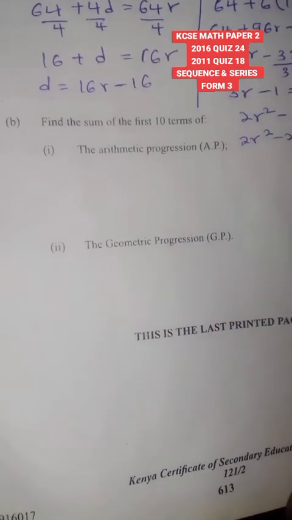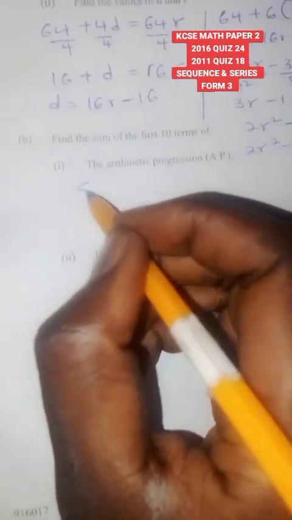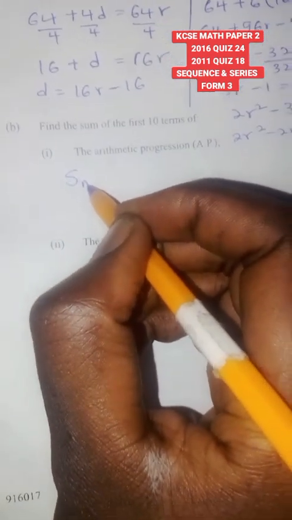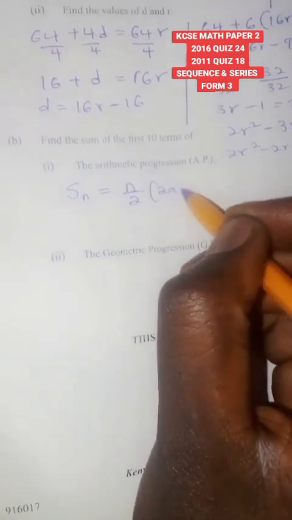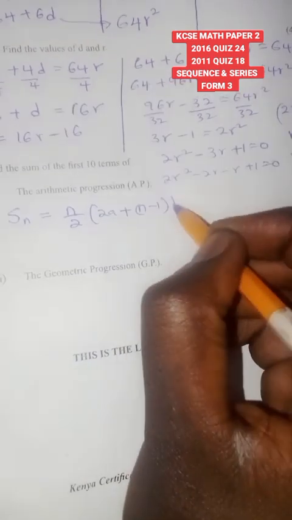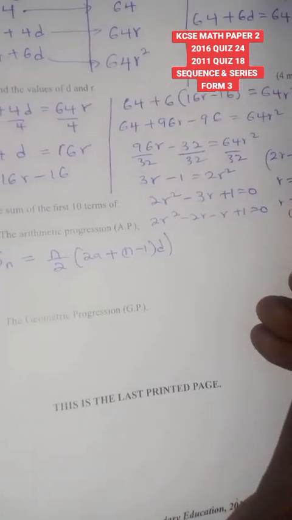So you're told to find the sum of the 10th term of the arithmetic progression. To find the sum of an AP, you'll say n over 2 into (2a plus (n minus 1)d). And I don't have my d, but I have a half as r.